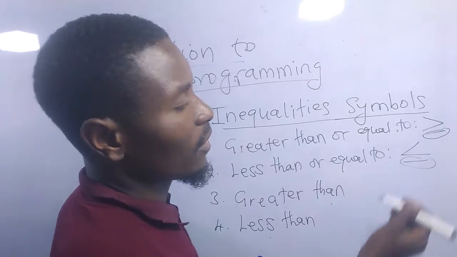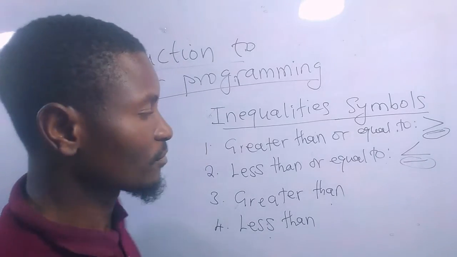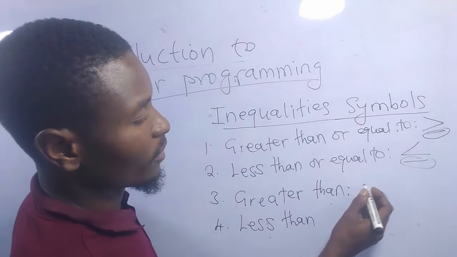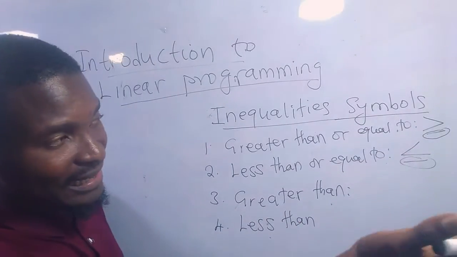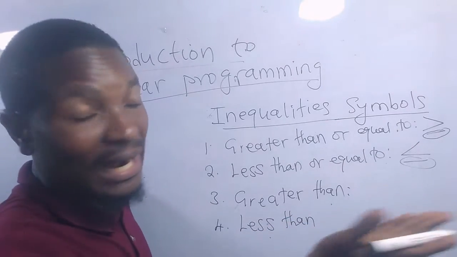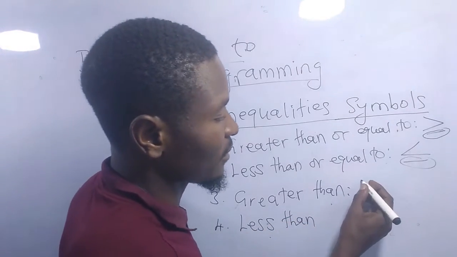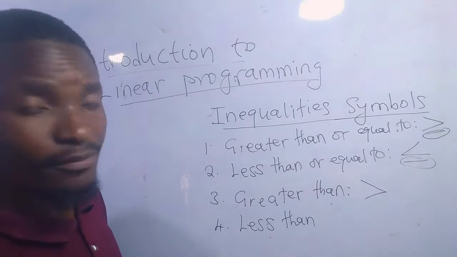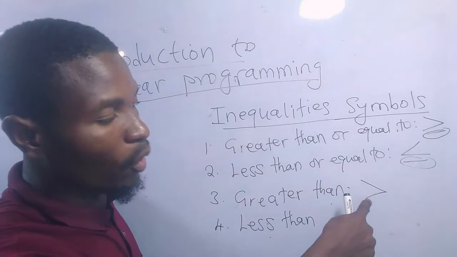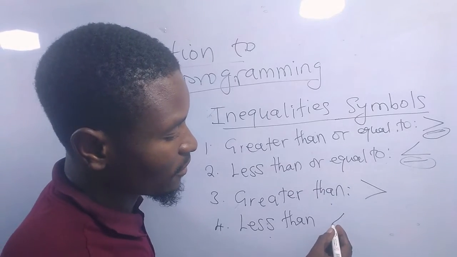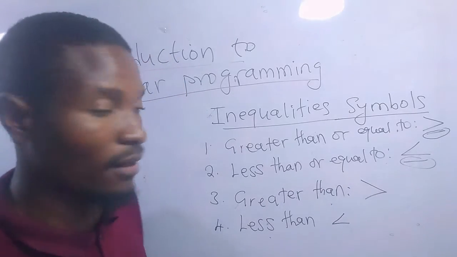And the other one also means equal to. So this one, greater than, is just this one, but you remove the bar at the bottom. So you just write like this. And then the last one is less than, so the opposite of this one is this one.